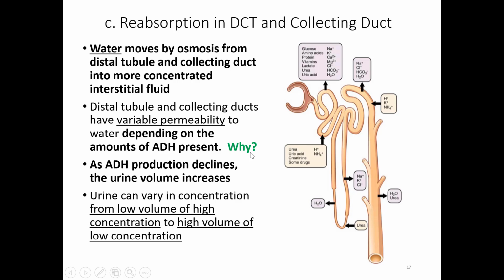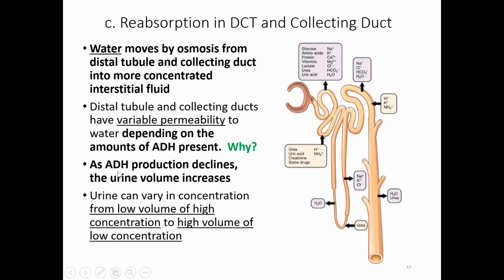Please take time right now and remember how exactly antidiuretic hormone works with the collecting duct. Antidiuretic hormone is responsible for how some proteins function. Proteins just for water. Please remember their name.